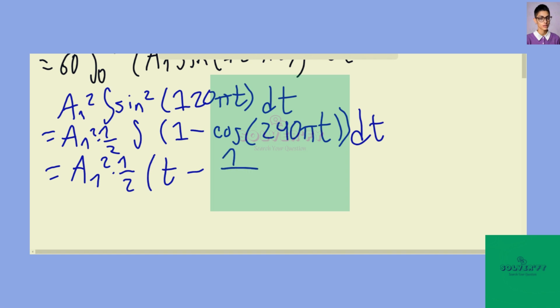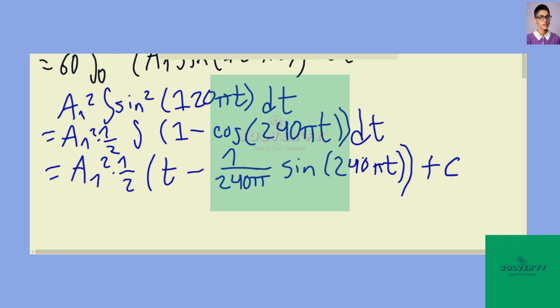So we're going to have 1 over 240 pi, and then sine of 240 pi t. So that would be that integral. Normally we would put an arbitrary constant for an indefinite integral, but since we have a definite integral, that constant will get canceled out anyway, so I'm just not going to put that for this.